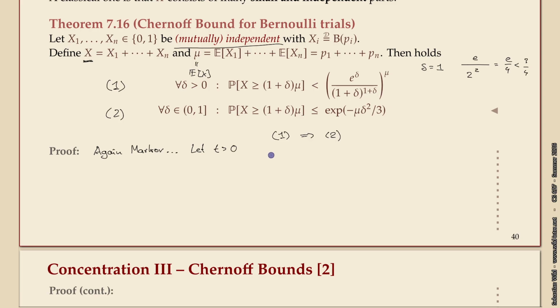Then we apply our Markov inequality to the following random variable: e to the t times x. So we take our sum of independent things, we multiply it by t, and that's the exponent.